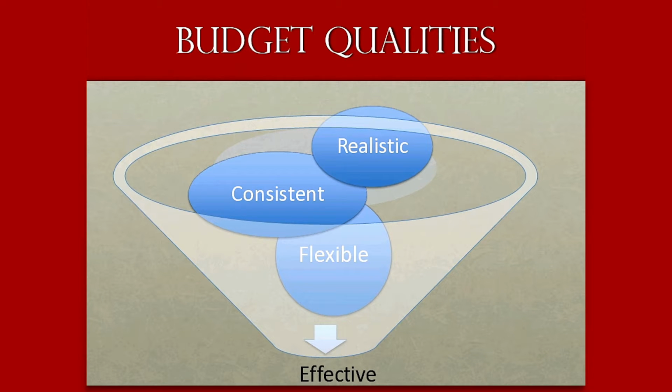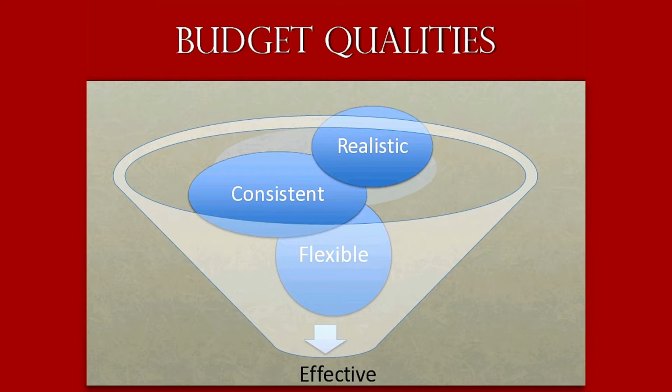Contrary to my last 2 statements about realistic and consistent, really successful budgets, ones that serve as a governing document for a successful organization, are also flexible. They are not budgeted to the absolute last dollar, such that if an unexpected change in gas prices comes into the organization and they have to spend more on their buses or the routes their vans take, their budget is bust.